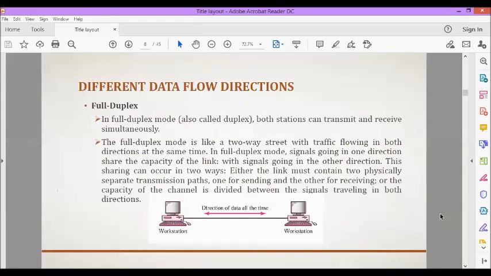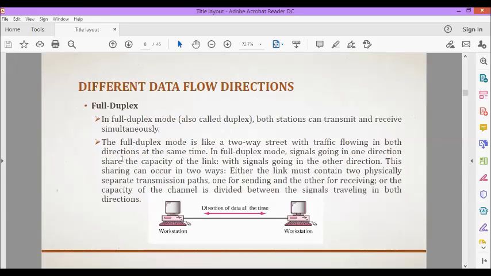The next data flow direction is the full duplex. In full duplex mode, also called duplex, both stations can transmit and receive simultaneously. The full duplex mode is like a two-way street with traffic flowing in both directions at the same time.